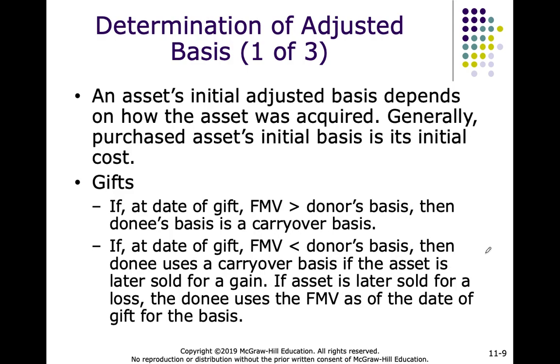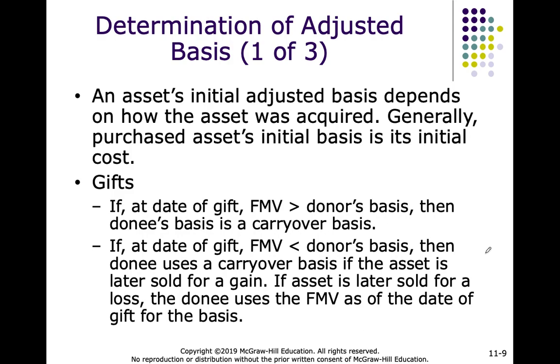If it's a gift, depends on whether we have a gain or loss and what's the situation between the fair market value and the donor's basis. So if on the day that we receive the gift, the fair market value exceeds the donor's basis, then that's the basis that we're going to be using for our asset in the future if we're going to dispose it.